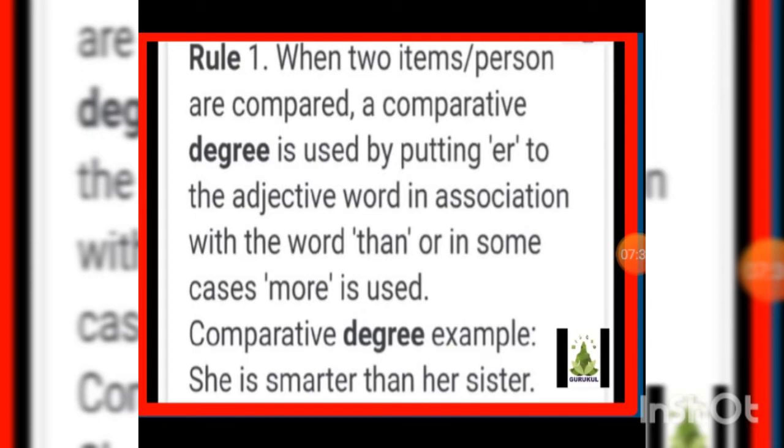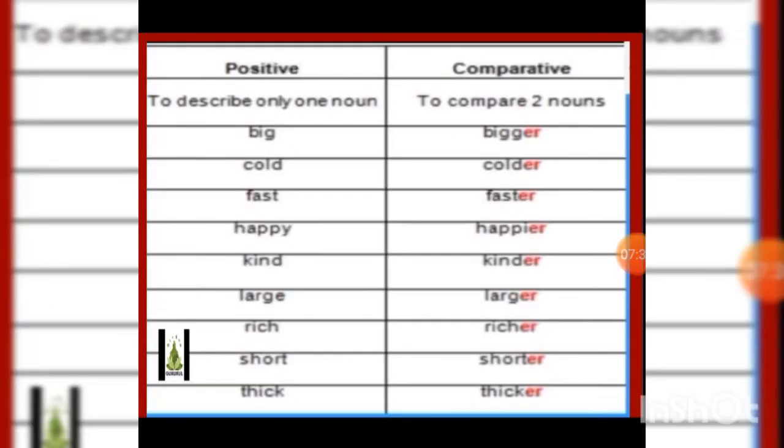Okay, now we will see the examples for both the positive and comparative degree. Positive means to describe only one noun, and comparative means, children, to compare two nouns. That means names, things, whatever.